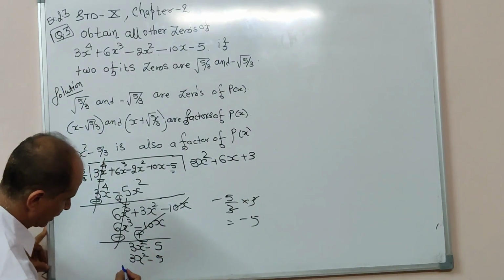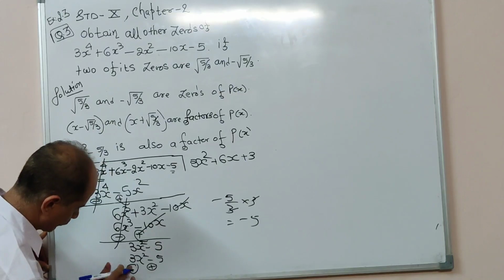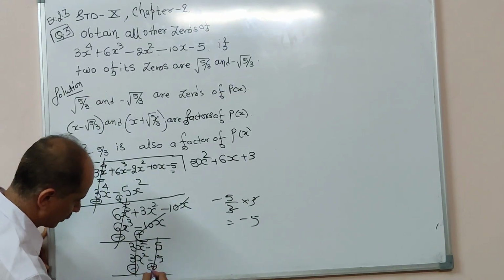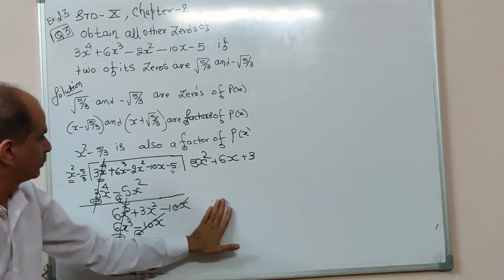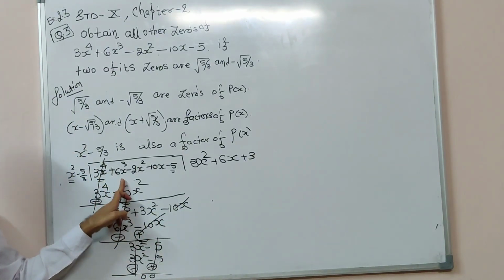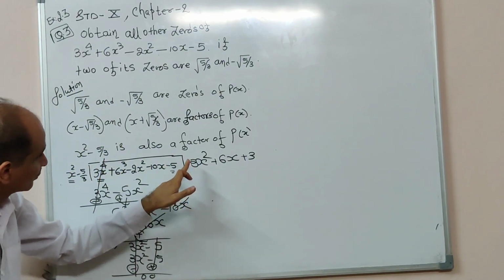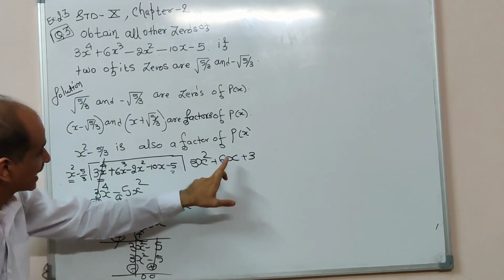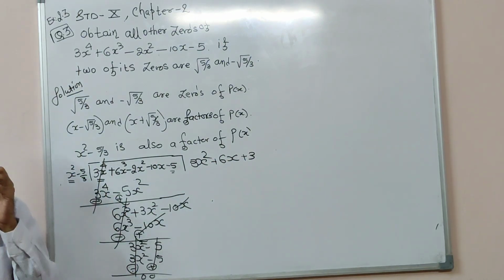So this becomes minus 5, this becomes plus, this becomes plus. These cancel out, you get 0. So here the remainder is 0. So when you divide the given polynomial by x square minus 5 by 3, you get 3x square plus 6x plus 3 as the quotient, and your remainder is equal to 0.